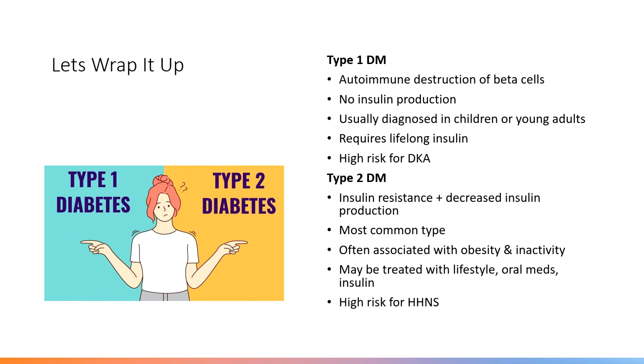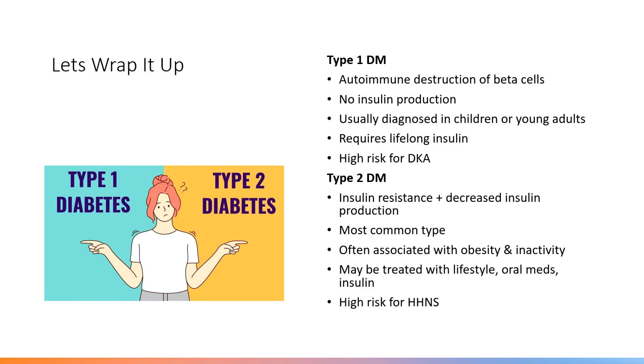So let's compare the two types of diabetes that we talked about. You're going to need to know the differences so that you can look for treatments and make sure we're providing good care. So our type 1 diabetes results from autoimmune destruction of the pancreatic beta cells, which leads to an absolute insulin deficiency, right?